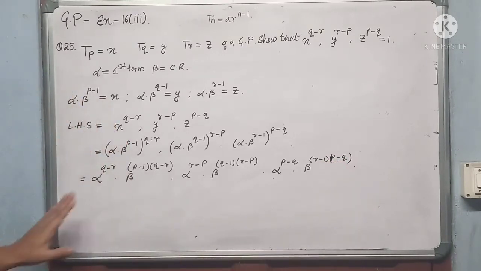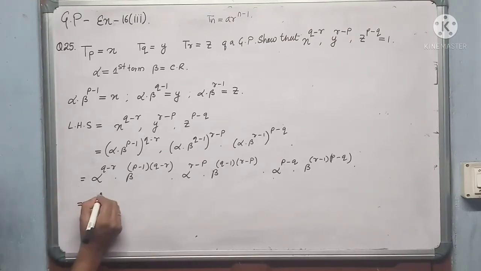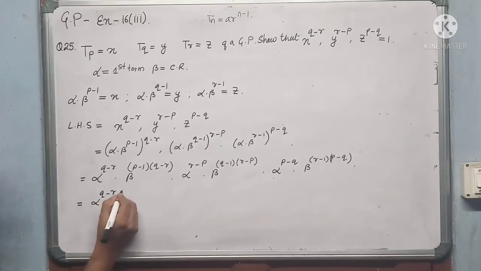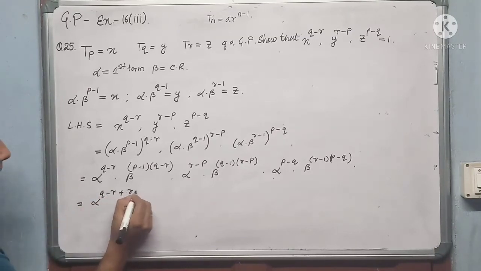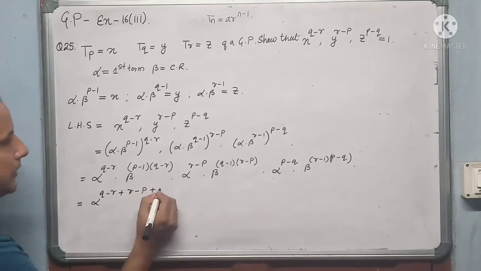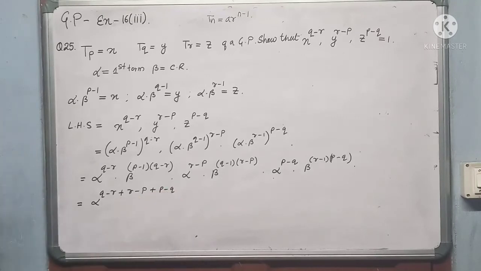Now if the bases are the same, the indices we can add. This is according to the law of indices. So for alpha we get q minus r plus r minus p plus p minus q.